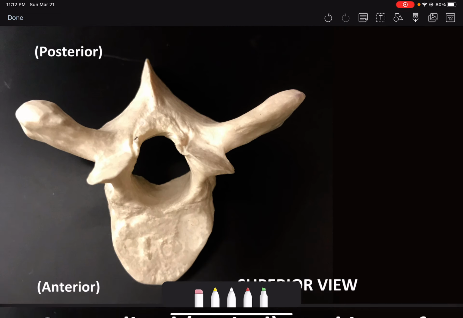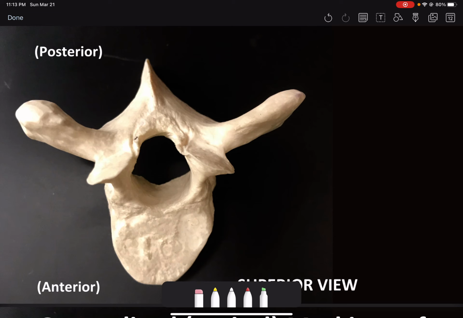So it's very important when we look through these bones, by the way, that we always keep anterior and posterior aspects of the bones clear, because it's so important to visualize these bones as they are actually oriented in the body, all right? So we are looking at a superior view of a prototypical vertebrae. Specifically, it's a thoracic vertebrae.